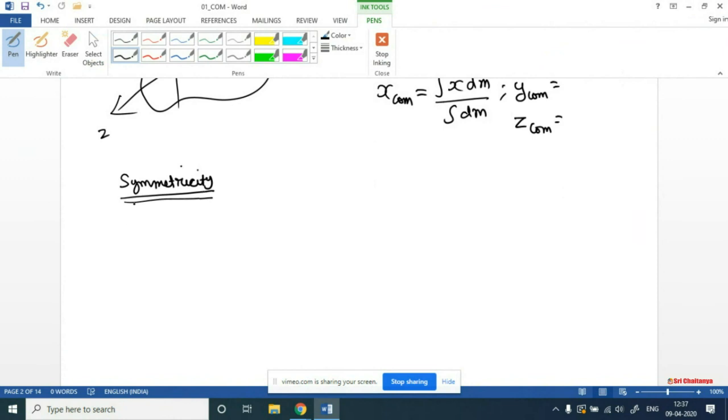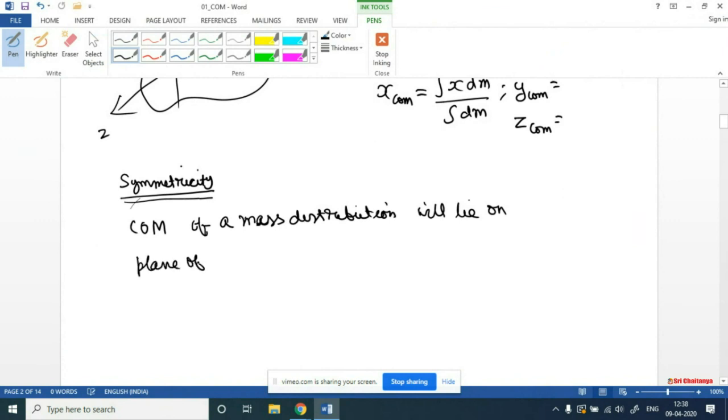So the center of mass of a mass distribution will lie on either a plane of symmetry, if we can find one, or a line of symmetry, or a point of symmetry.